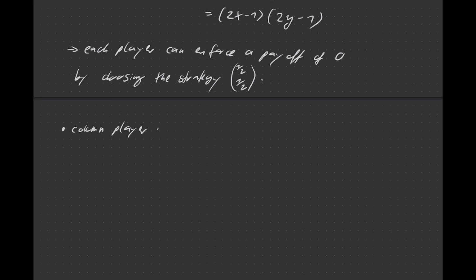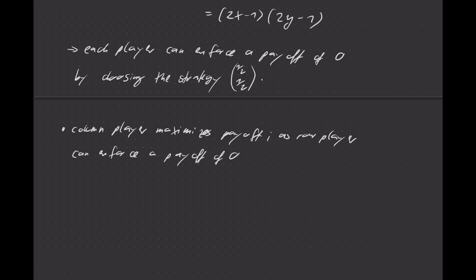The column player maximizes payoff, as the row player can enforce a payoff of 0.